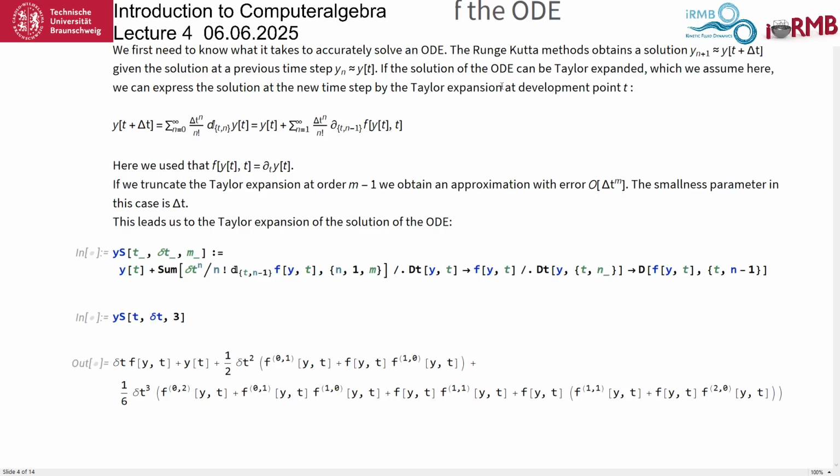If the solution of the ODE can be Taylor expanded, which we assume here, we can express the solution at a new time step by the Taylor expansion at the development point t. It is hopefully Taylor expandable because it's a differential equation, so it depends on being continuous. So therefore we should be able to Taylor expand this.